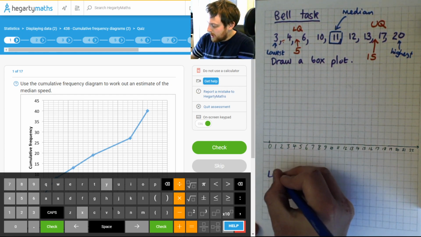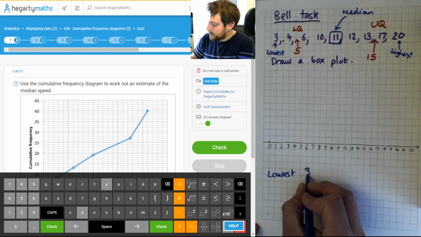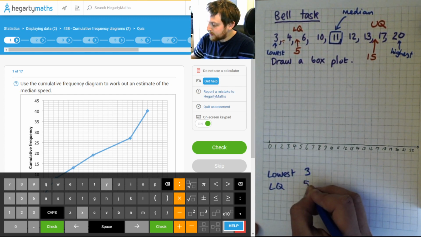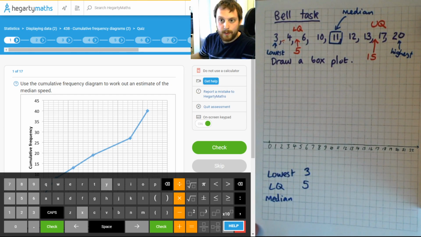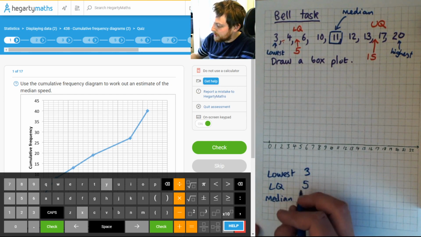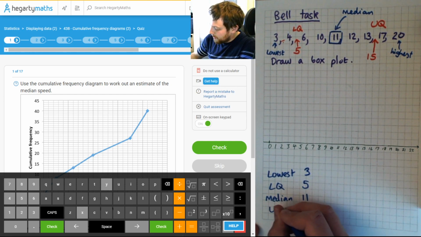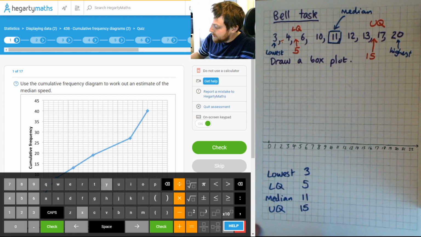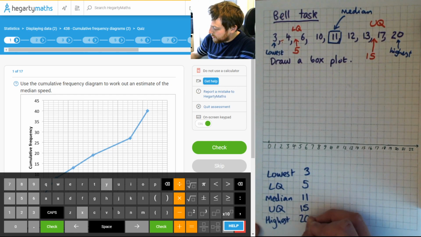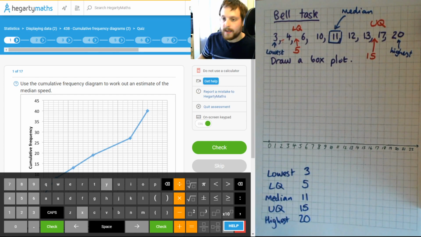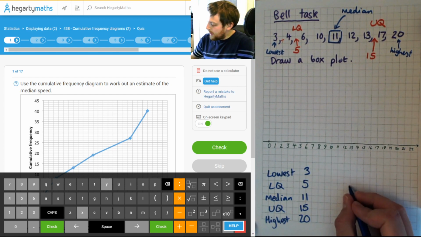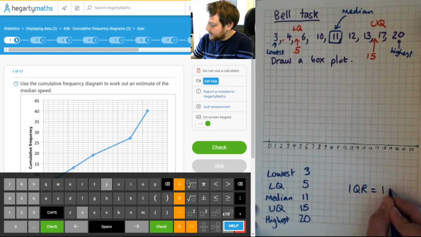So we've got the lowest value is 3, the lower quartile is 5, the median, so this is just for my question here, it will be different obviously for different numbers, the median is 11, the upper quartile is 15, and the highest number is 20. If I wanted the interquartile range, not that it wants it in this question, I would do the upper quartile take away the lower quartile, and of course that's 10 in this situation, right?